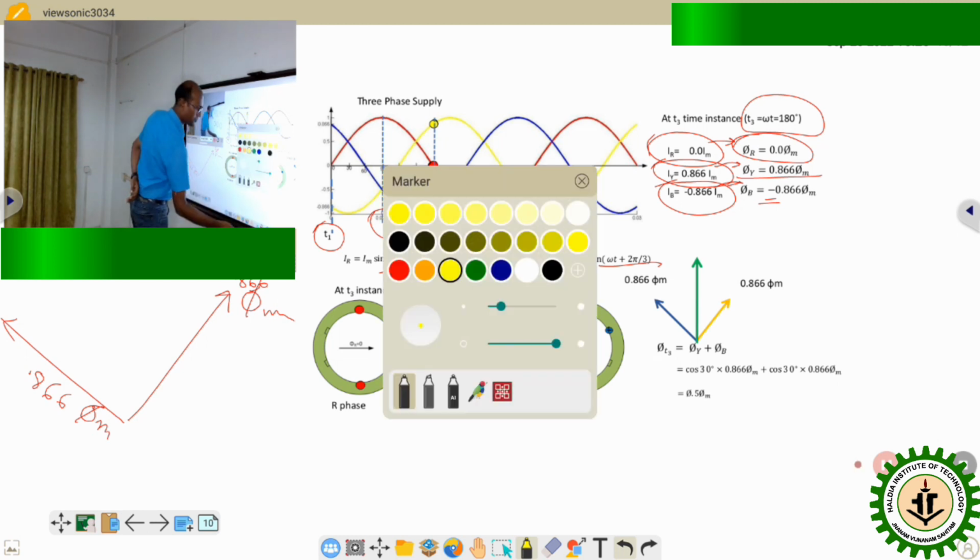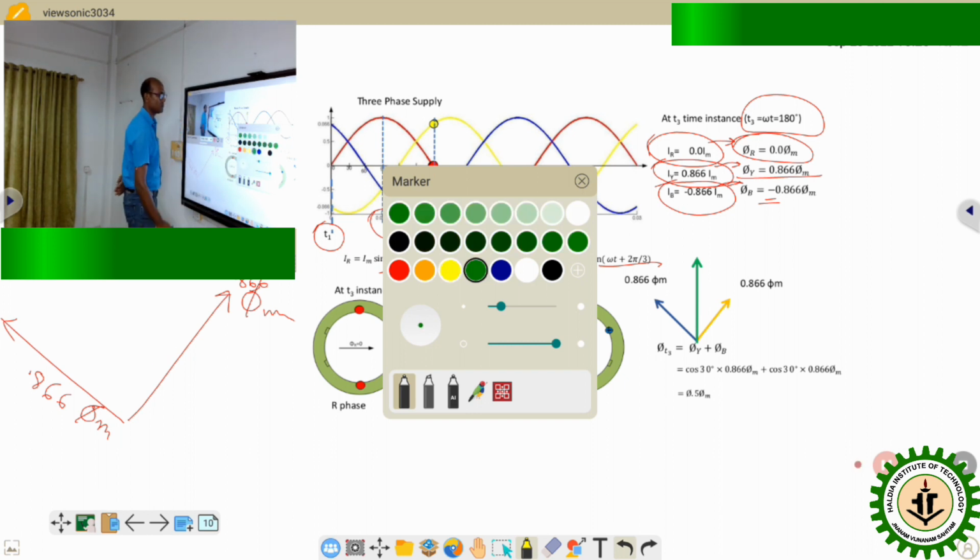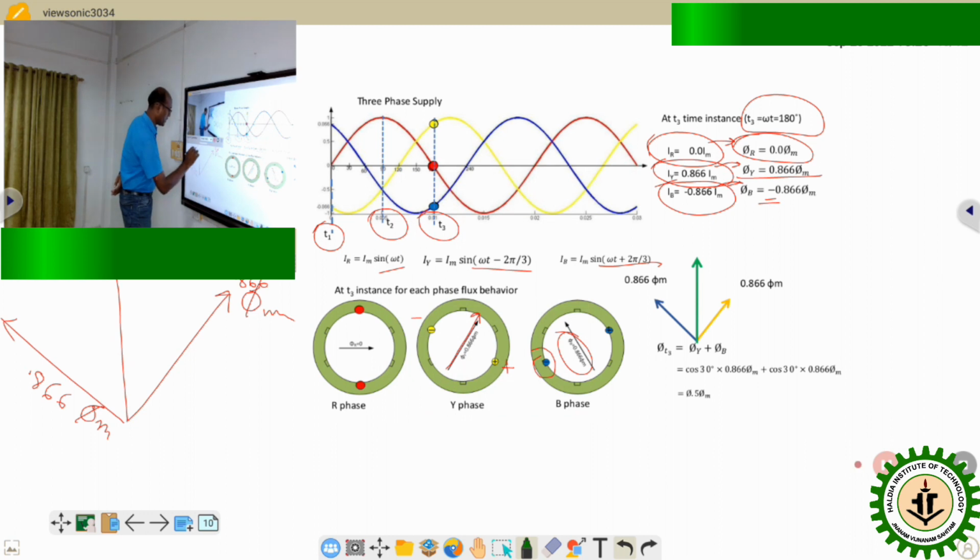So the resultant will be in the upward direction. The resultant will be phi T3, in the upward direction like this.